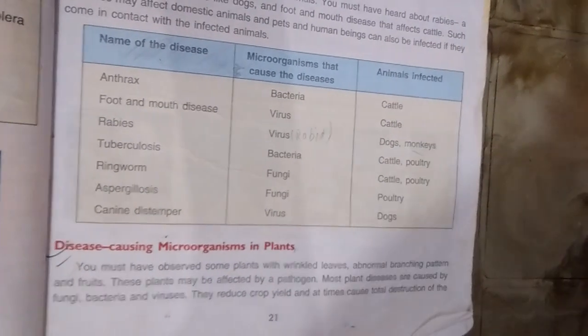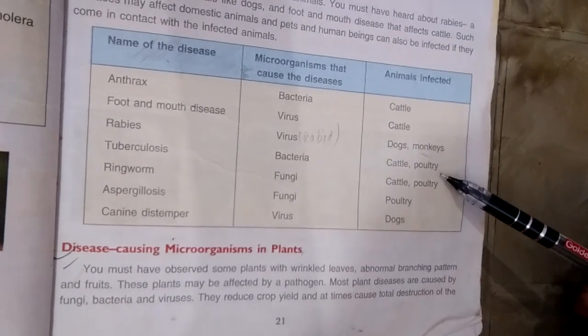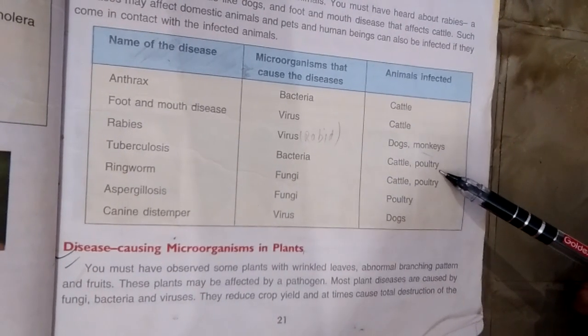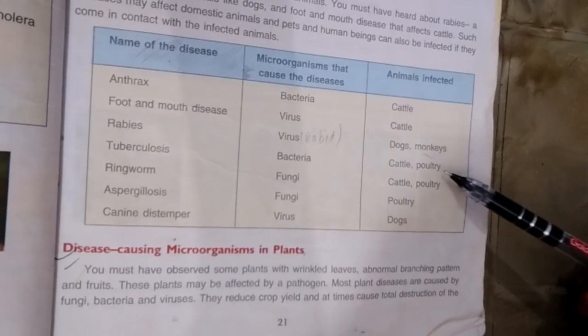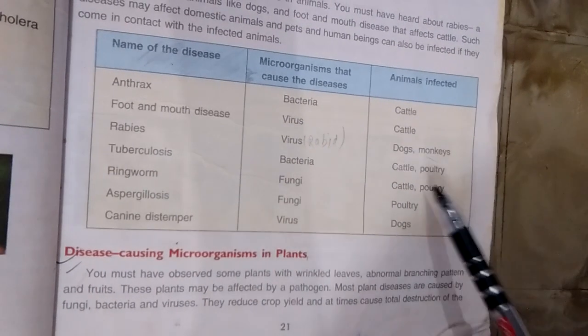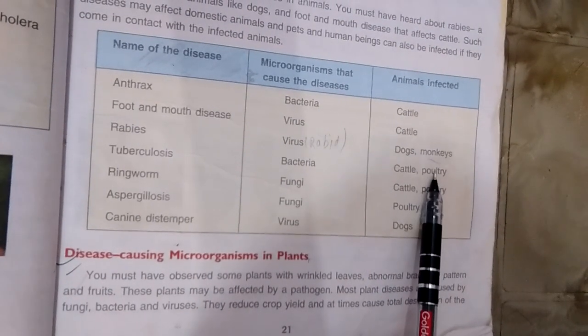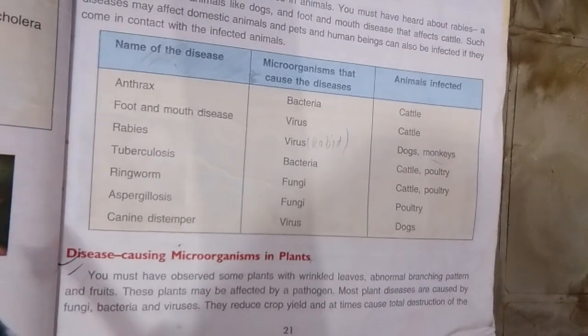As you have learnt in class 6, poultry are birds, that is hens, generally egg laying birds. So they are also infected by the disease called tuberculosis.